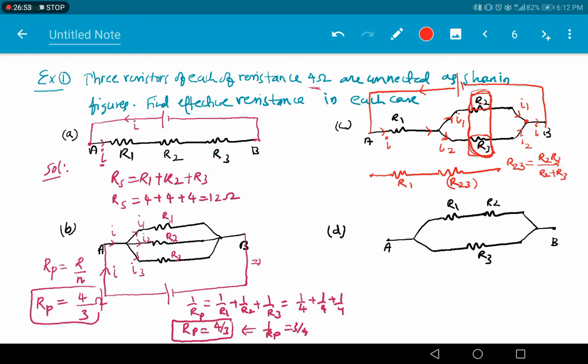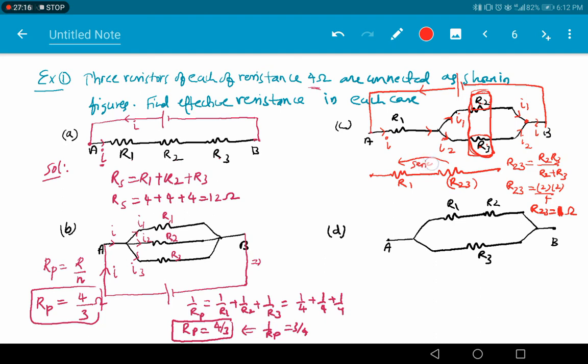Since R2 and R3 are in parallel, R23 is equal to 2 into 2 by 4. R23 is equal to 1 ohm.